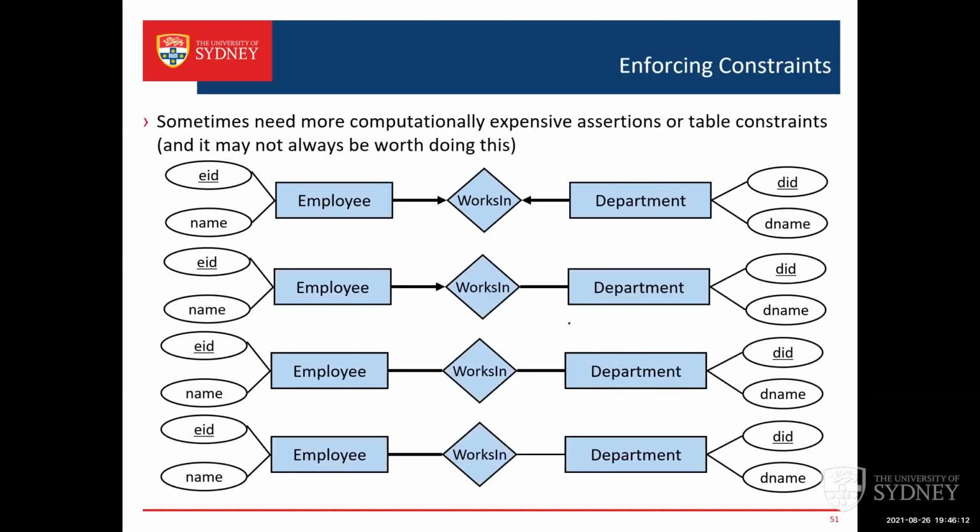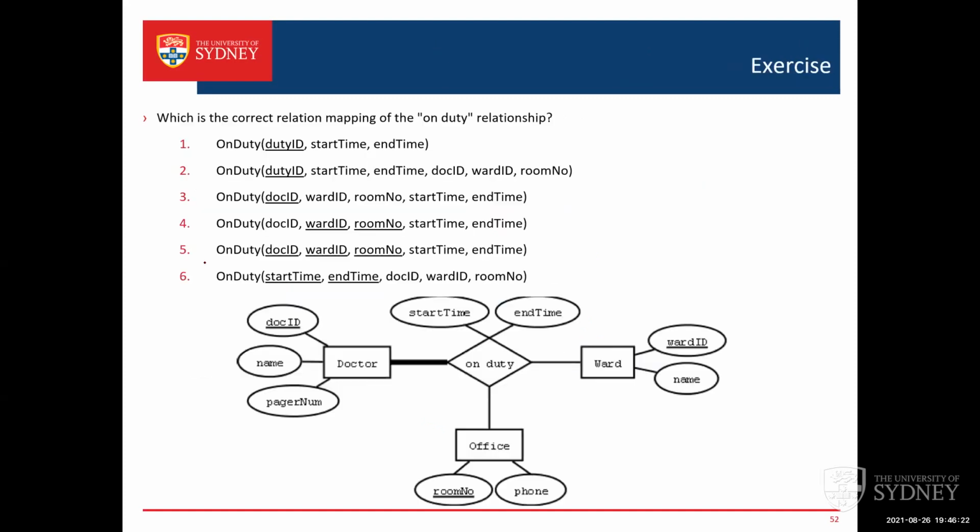Okay, so these are all the combinations that we have. Think about whether you can understand or define all of these. Based on that, can you answer this one? Which one would be the correct relation in this case? From 1 to 6, which one would be the correct one?